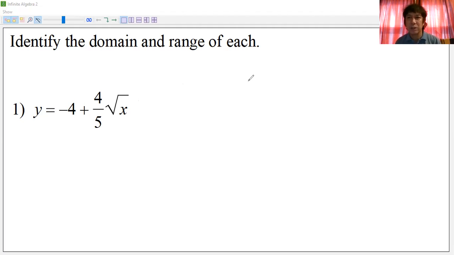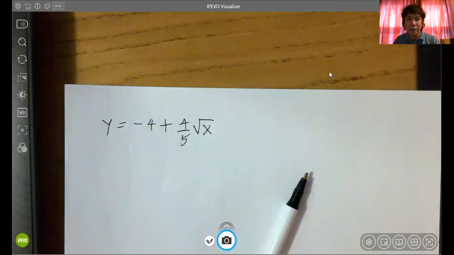Now let's do this on paper. So this is y is equal to -4 plus 4/5 times the square root of x. I wrote the given equation.